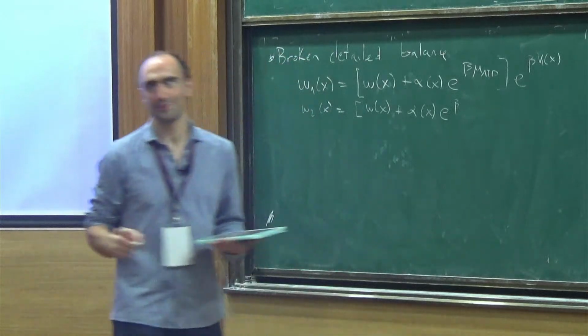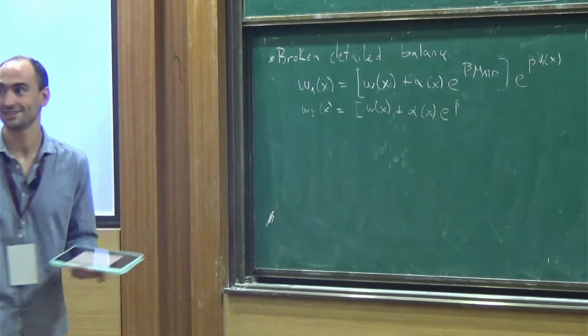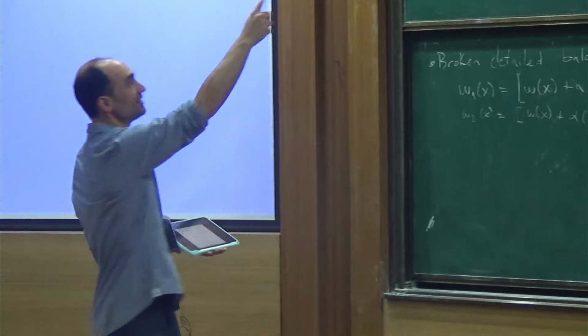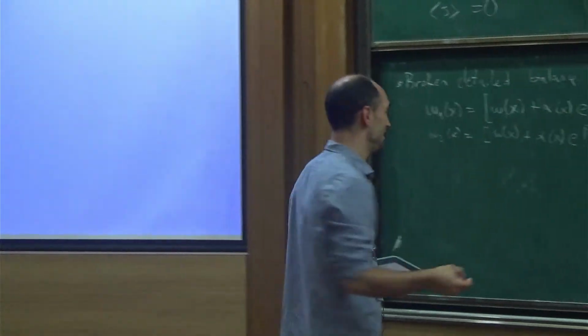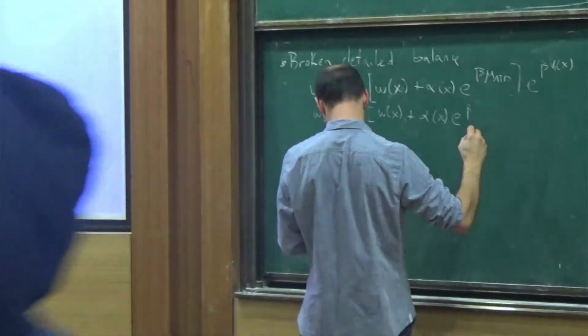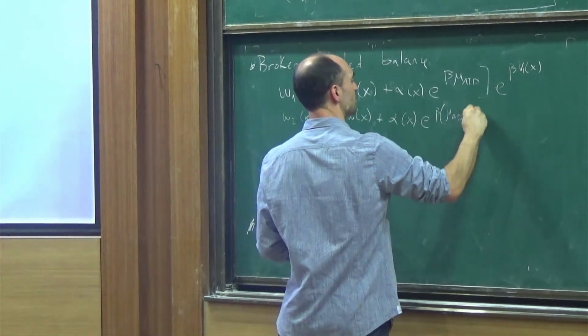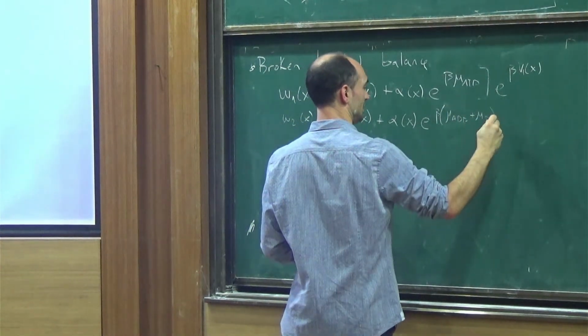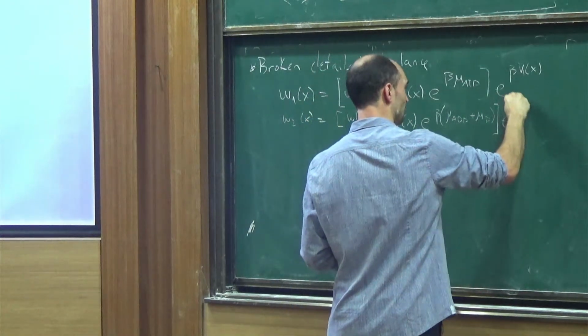The key point is that to have detail balance, there's only one choice: that equation. To break detail balance, there are infinite choices: whatever ratio of omega 1 over omega 2 that is different from e to the beta (mu ADP plus mu P) e to the beta v2 of x.